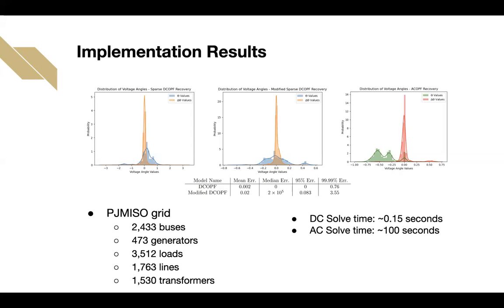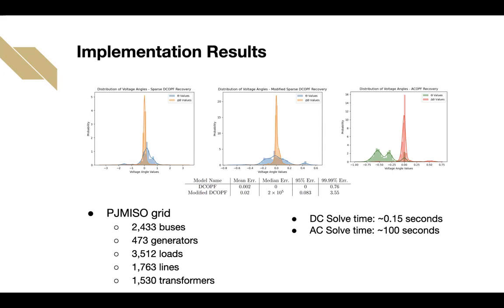You can see before we added that penalty term, we were getting changes in our angles that were well outside of reasonable approximation. Adding in that penalty term brings it down. But we can see from this table down here, which measures our average error, our median error, and then our percentile errors for our residuals in terms of the power balance, that adding those extra constraints significantly increases the error in our power balance itself.